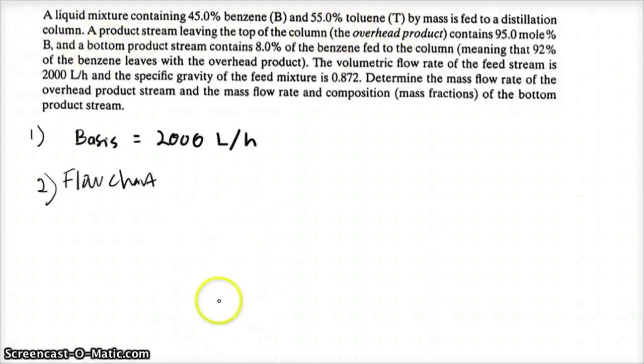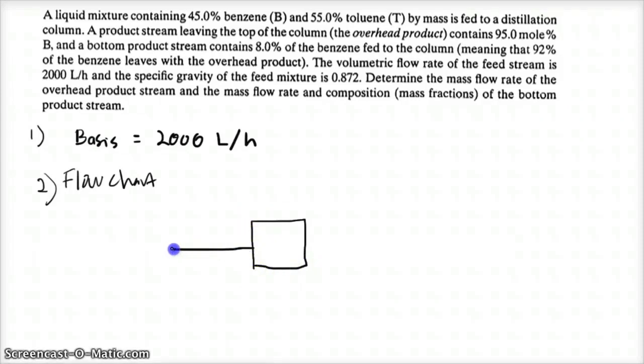Well, let's keep the reading and just draw the flowchart. So let's say here that's the center of the flowchart, and feed. That's the feed, and it's the basis of 2000 liters per hour, and the mixture containing 45% benzene and 55% toluene by mass.